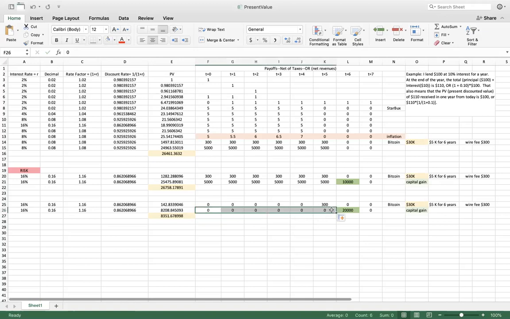And then we said at the end, we would end up with, again, at some point in time, are you going to hold the Bitcoin forever? But at some point you're going to sell it, right? So now I'm assuming I bought it at 30, and I sell it in 6 years for 70,000, but there's a lot of risk, right?